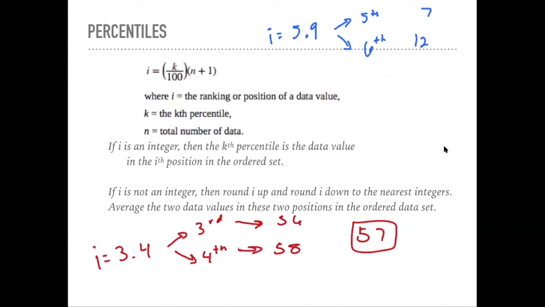So you take 7 and 12, add them together, then divide by 2, and you get the data value 9.5 is in the percentile that you're looking at. Because I just gave you I and you didn't have K and N, we can't say what percentile it's in. This gets us an idea of what to do once we have I.